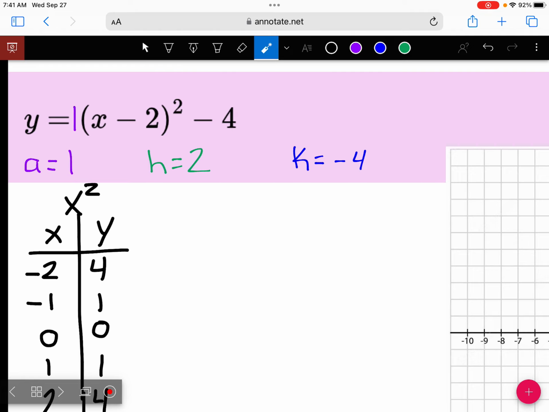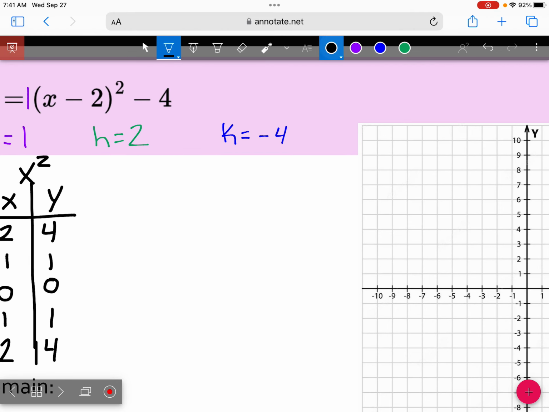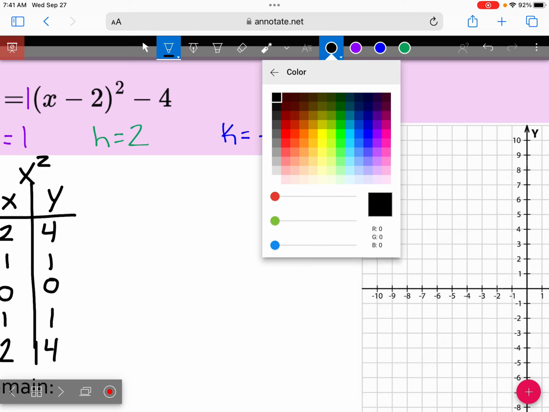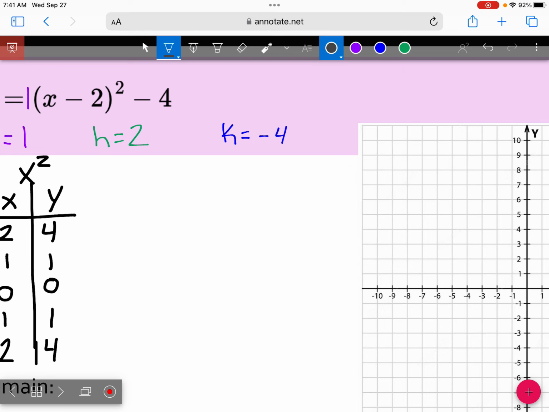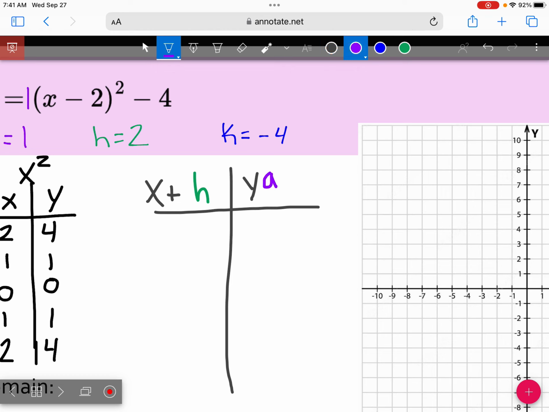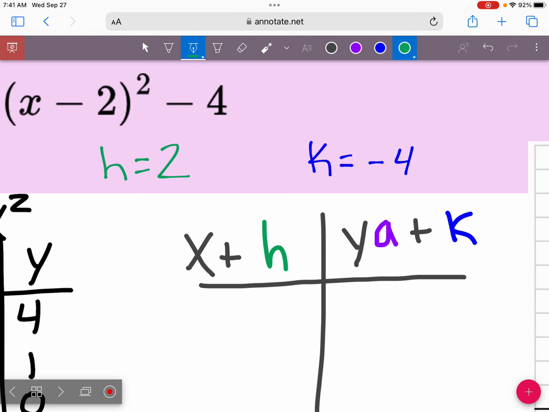What we're going to do to find the graph we want to draw is we are going to take our parent table and apply the transformations. We're going to do our x plus my h and my y times a plus k. It's the exact same setup we had before. So in this case specifically, I'm going to take my x values and add 2.